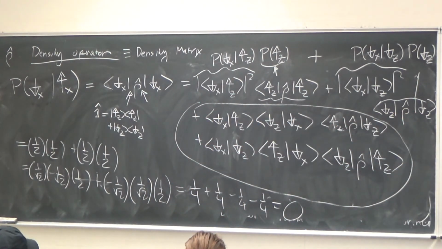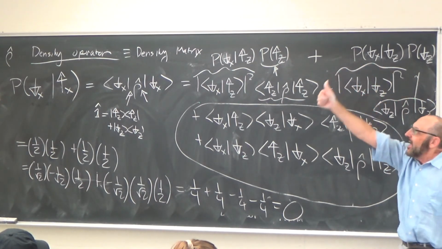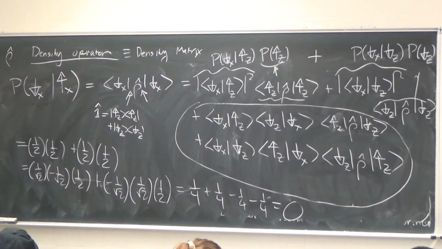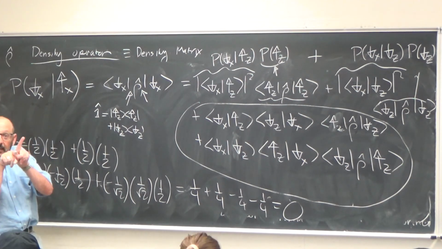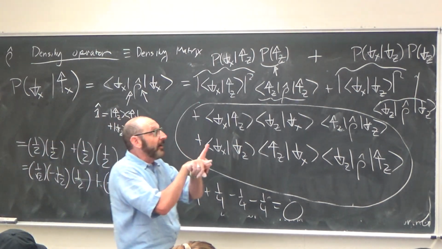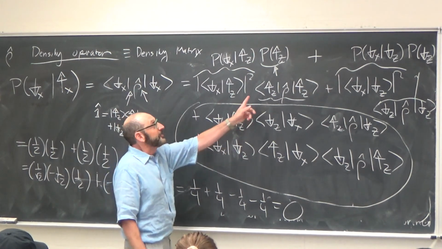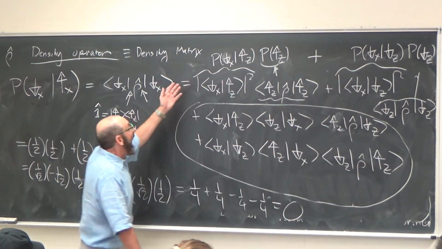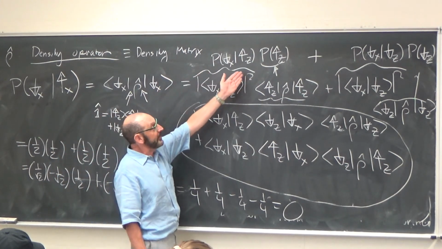Now, what a long-winded way of saying the obvious thing: if I prepared it spin up along X, and I ask what's the probability of finding spin down along X, the answer should be 0. But it's an important point here that in terms of thinking about orthogonal alternatives, in this case up along Z and down along Z, I could not just argue logically.